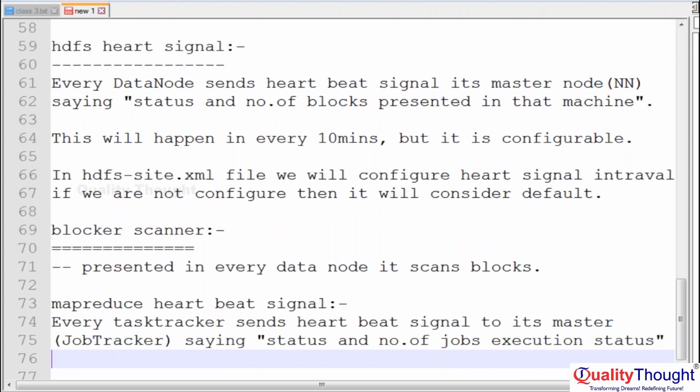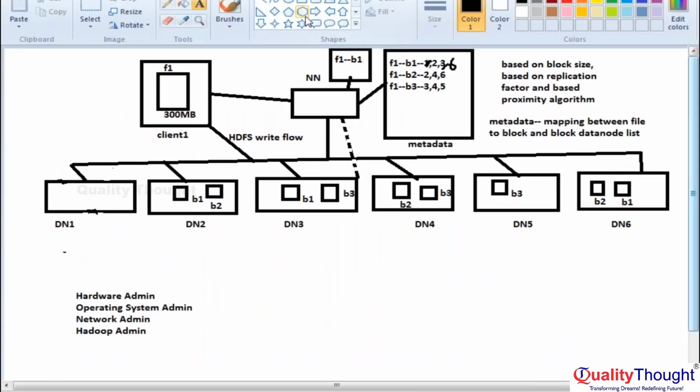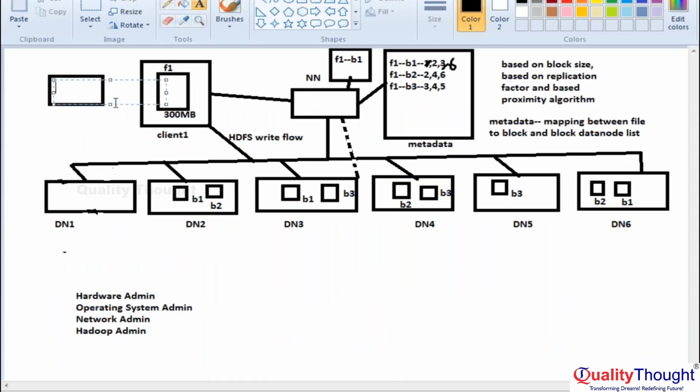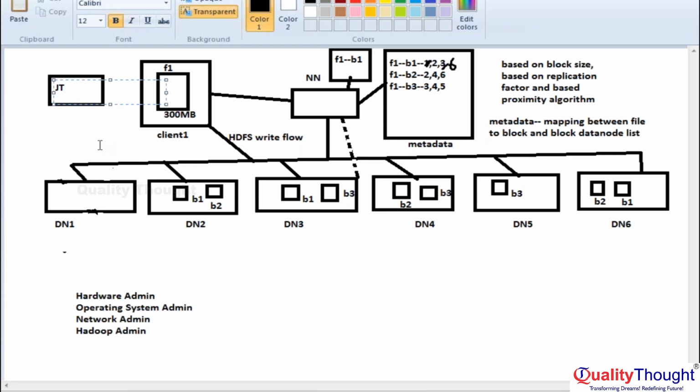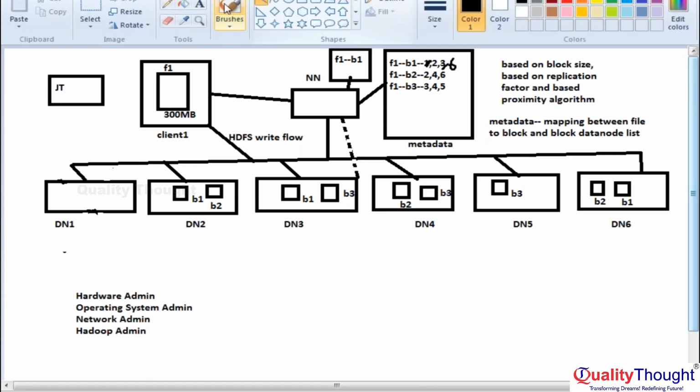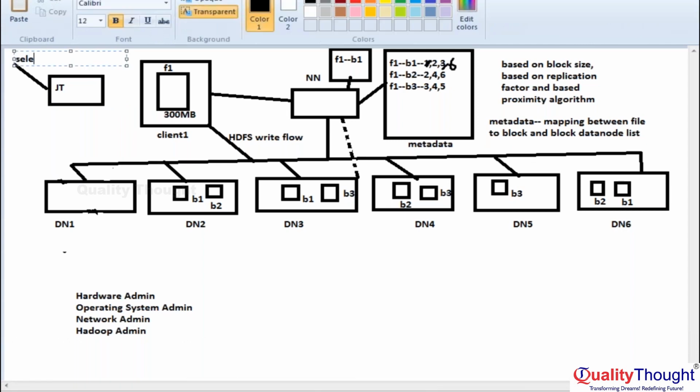Assume we have a job tracker machine. So a processing request came. Example, select star from EMP where gender equal to male.